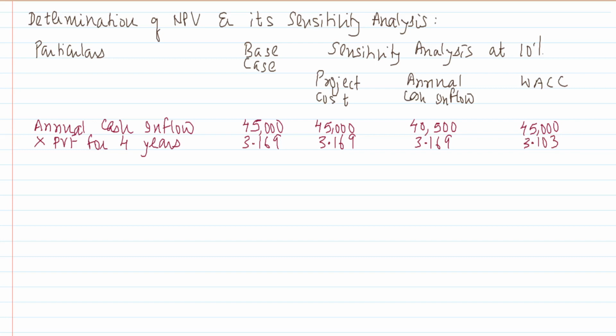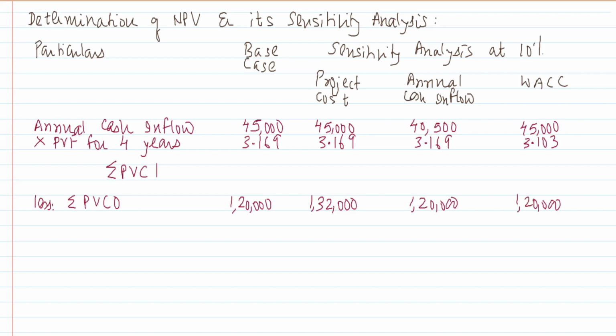This multiplication will give you the present value of cash inflows. Then we say less present value of cash outflow. Base case 1,20,000. But here project cost, yes, 1,32,000. And then again 1,20,000, again 1,20,000. This is what will give us the NPV.